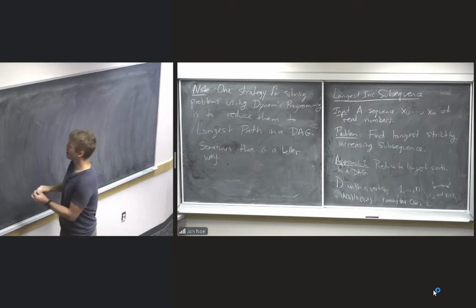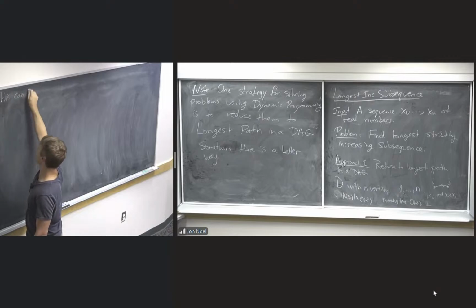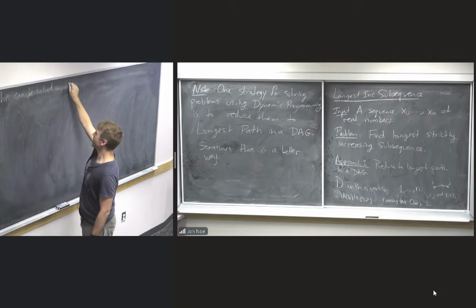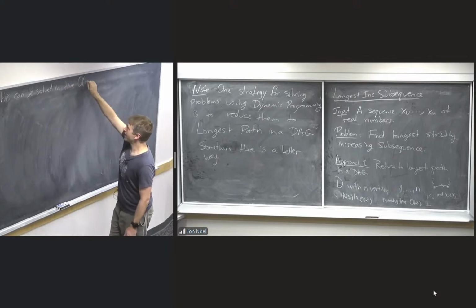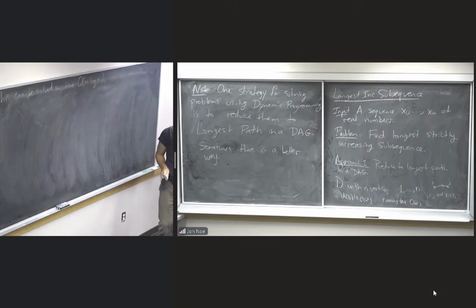I claim this can be solved in time big O of n log n, which is significantly faster than n squared, because the logarithm is a very slowly growing function.